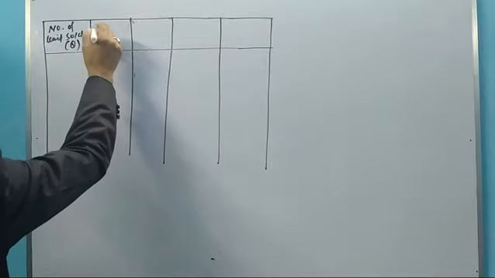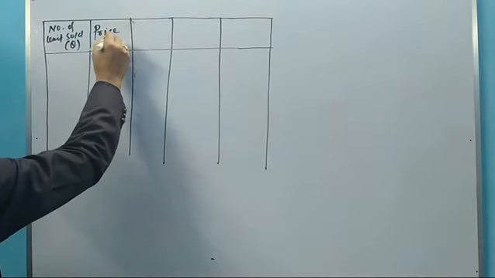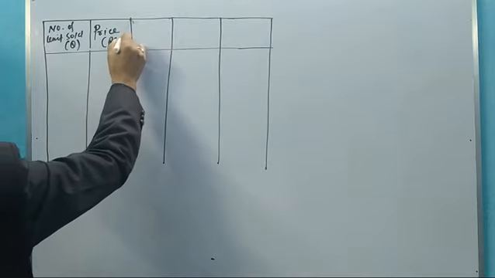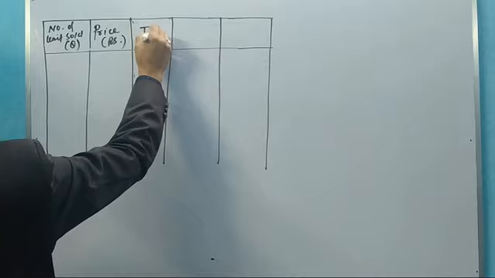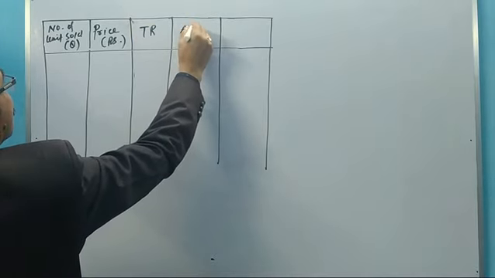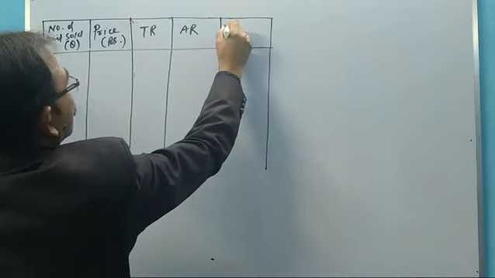Second one is price in rupees. Third column is TR. Next column is AR and MR.